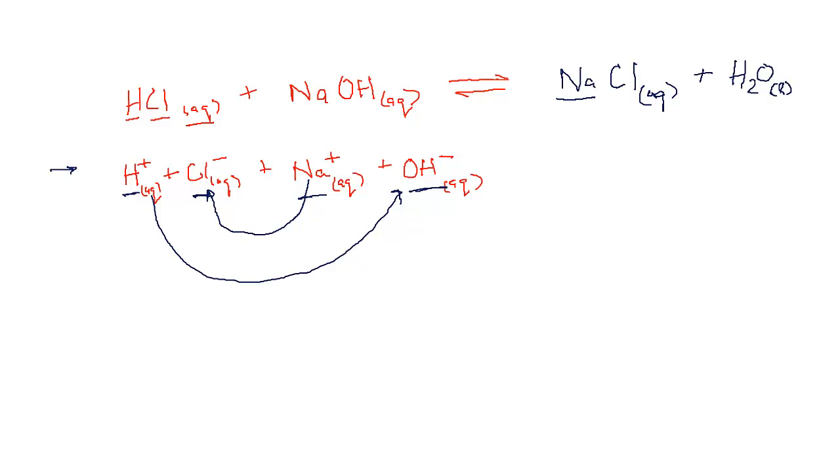Okay. So what's really going on? Tell me what's really in the solution. Well, the sodium chloride, because it's water soluble, the sodium ion does not actually combine with the chloride. So what we actually have in a beaker, if we mix these things together, would be sodium ions and chloride ions. But the water really does stick together. The hydrogen ion and the hydroxide ion actually do stick together.